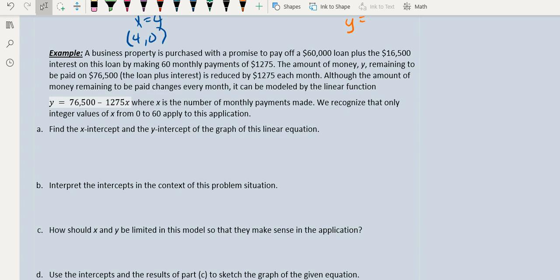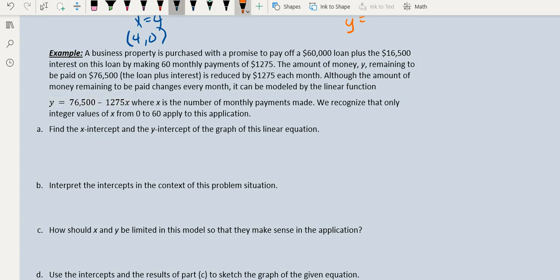We recognize that integer values from 0 to 60 apply to this application. So the first question asks us to find the x and y intercepts of the graph, right? That seems like a lot, but it's really not.